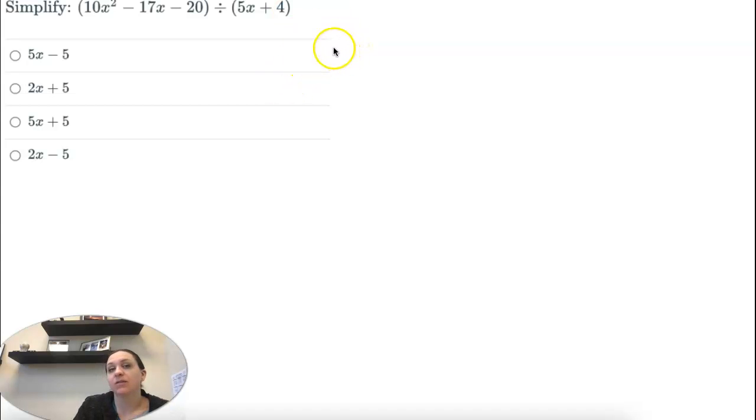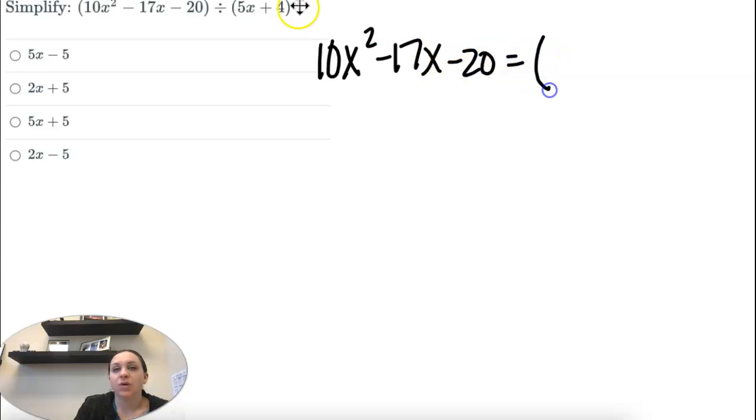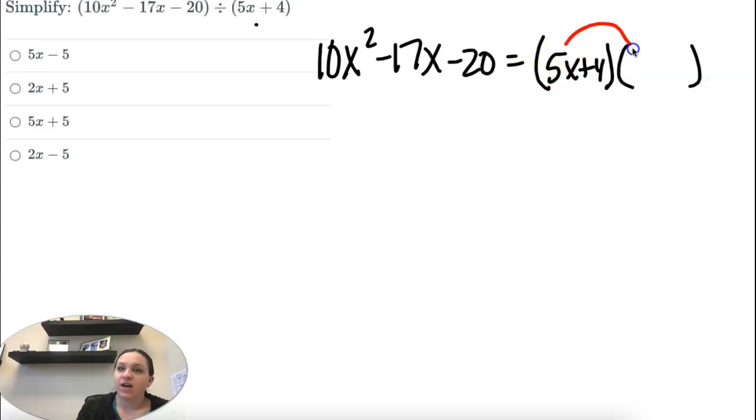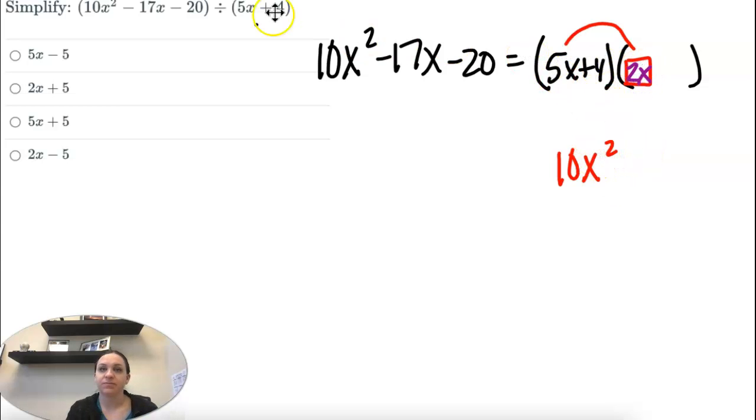So another one, we have 10x squared minus 17x minus 20. We know one factor is 5x plus 4, and we need the other one. So 5x times what gives me 10x squared? Well, 5 times 2 is 10, x times x is x squared.